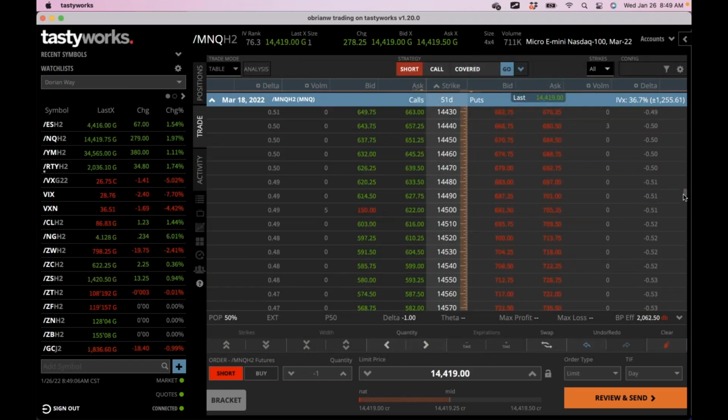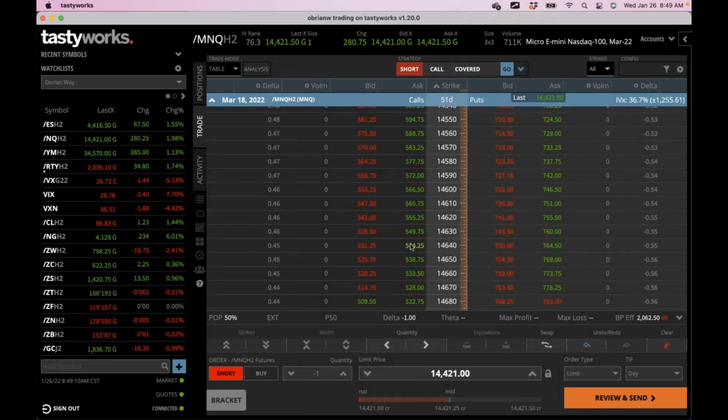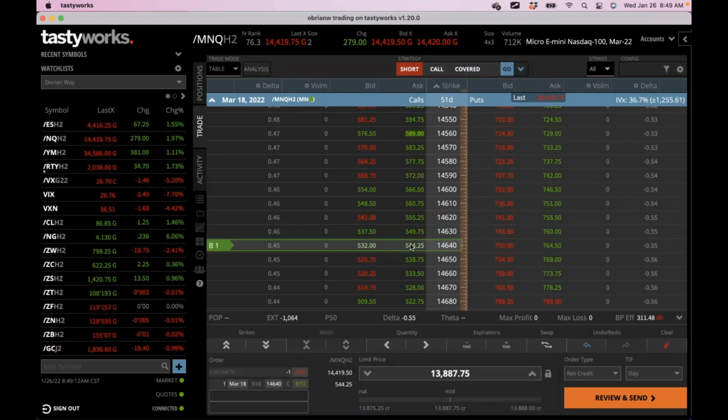If we buy the 45 delta, let me find it here really quickly. If I bought this here, then you can see this changes the buying power effect completely, right? So this becomes almost insignificant, $311. So we went from like $2,000 to $311. Obviously, you're going to make a little less as it goes down, but you'll lose a lot less as it goes up, okay? And then once it hits this strike price here, you'll stop losing completely to the upside.